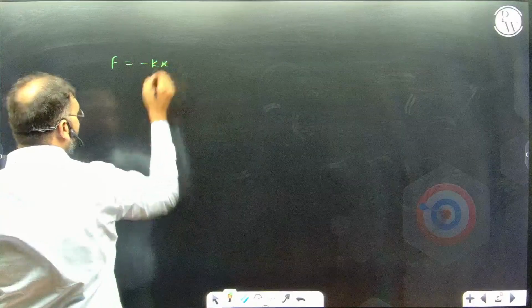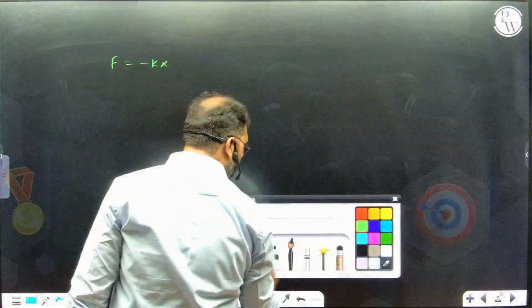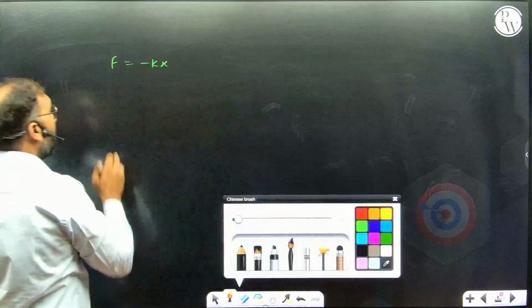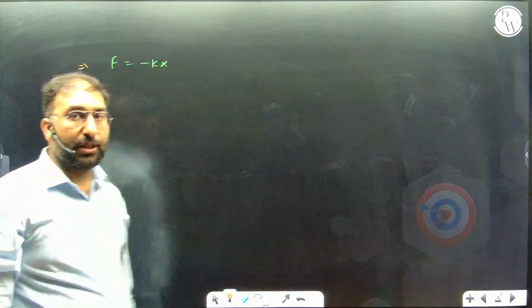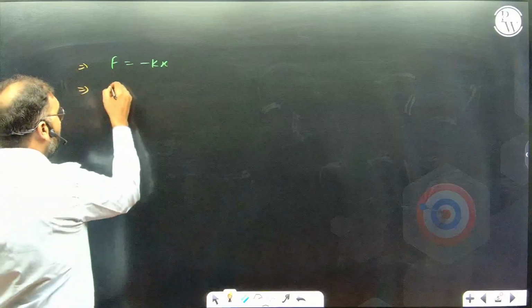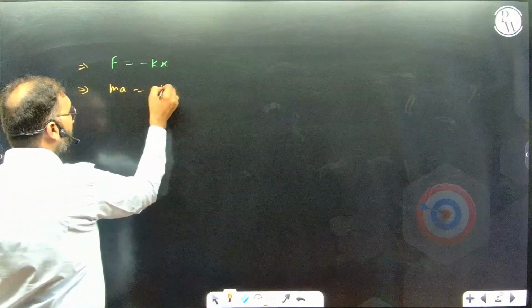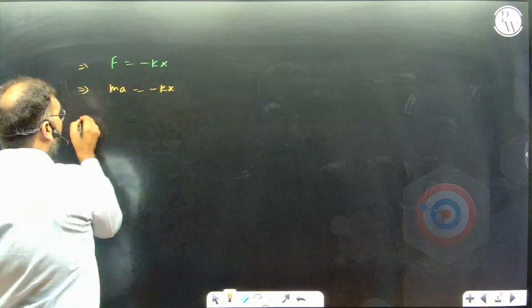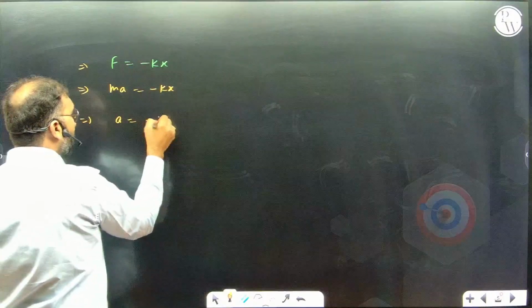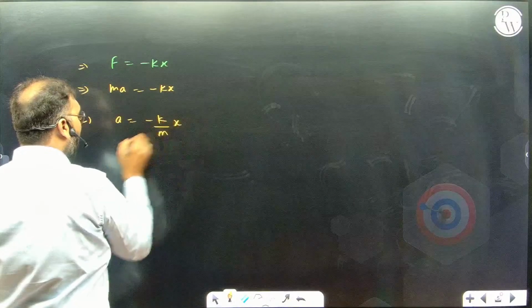So when we have this force equals minus k into x, the net force acting on the particle having constant mass can be written as mass into acceleration, and that is equal to minus k into x. From here we can say that a equals minus k by m into x.